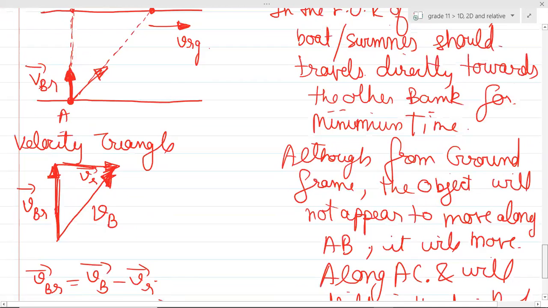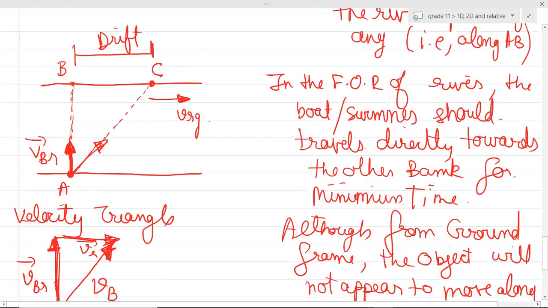Guys, is everyone clear about what exactly is happening to him? So basically from the ground frame, if you observe, the object will be seen along this line. The river will feel like the object is going in a straight line, but the river can't feel anything, right?